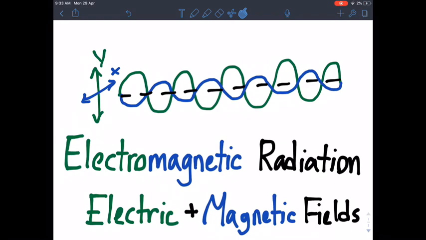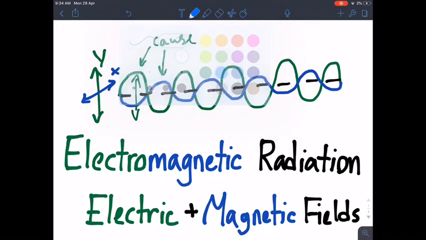In order to understand electromagnetic radiation, we need to think back to our previous unit where we learned that a changing electric field, which is drawn in green here, so there's a vibration in the electric field, is going to cause a vibration in the magnetic field, which is drawn here in blue. This is just like when you run a current through a solenoid and it creates a magnet, an electromagnet.